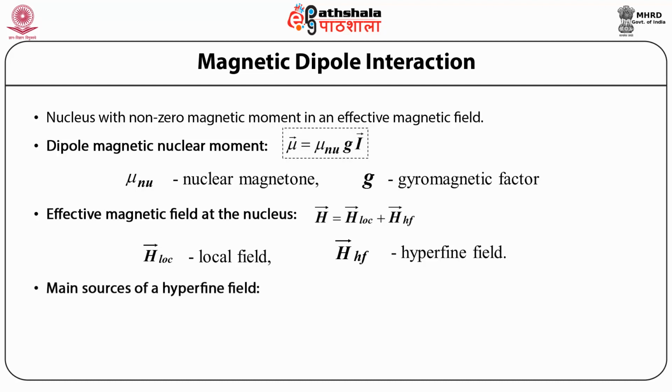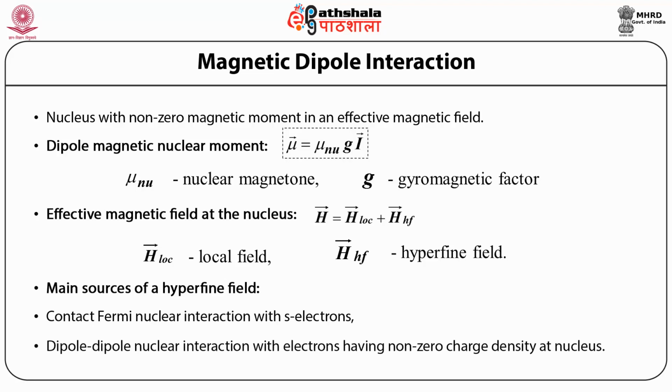Now the source of this hyperfine field: where does it come from? It comes from the contact Fermi nuclear interaction with the s electron and the dipole-dipole nuclear interaction with electrons having non-zero charge density at the nucleus. So basically these are the two sources of hyperfine interaction.